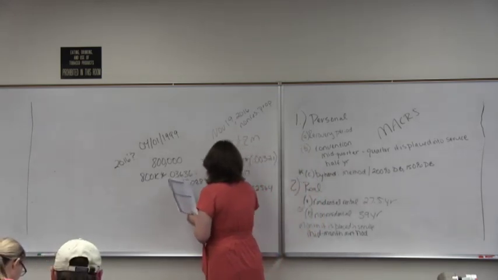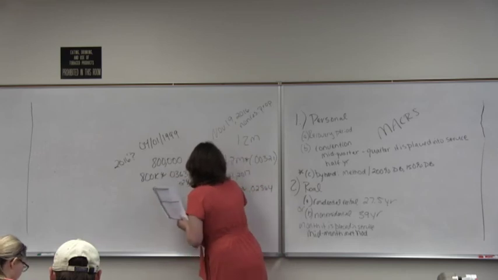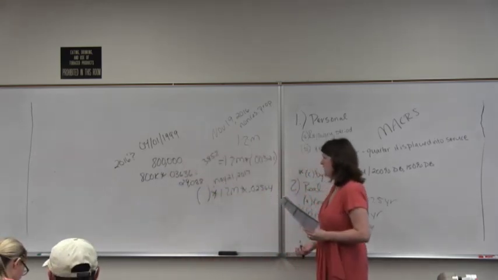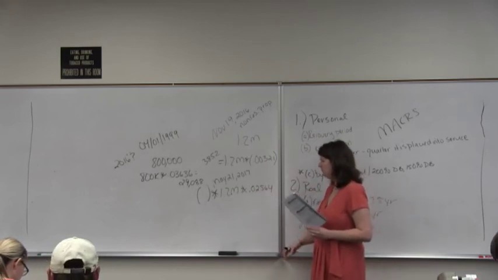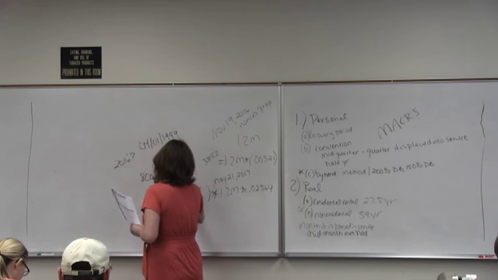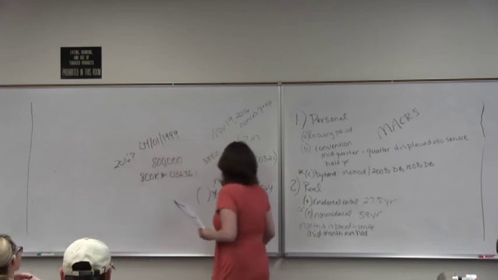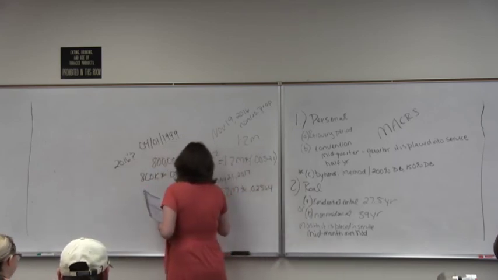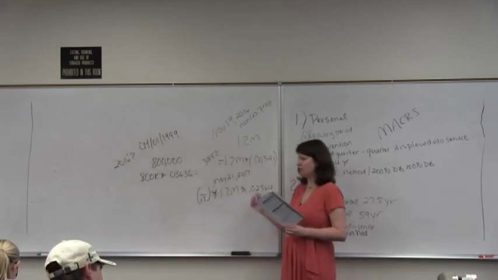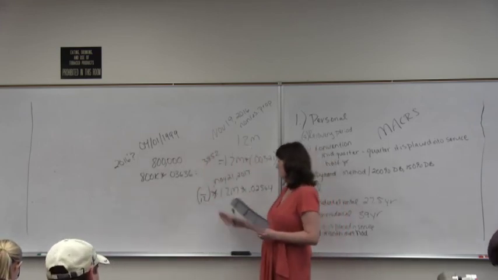But we also have to manually calculate what months they actually do get to take depreciation. So the denominator is 12, right? Because there are 12 months out of the year, just like in the last one, there were 4 quarters in the year. What's going to be our numerator?